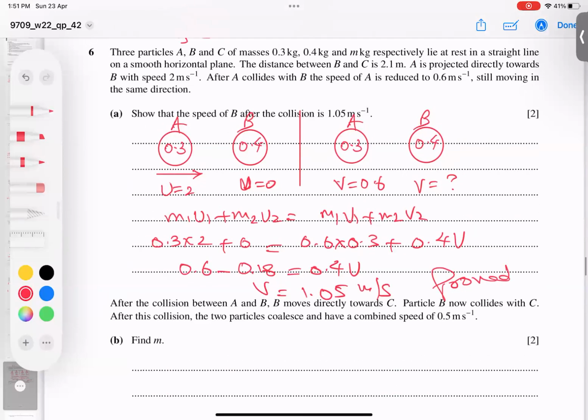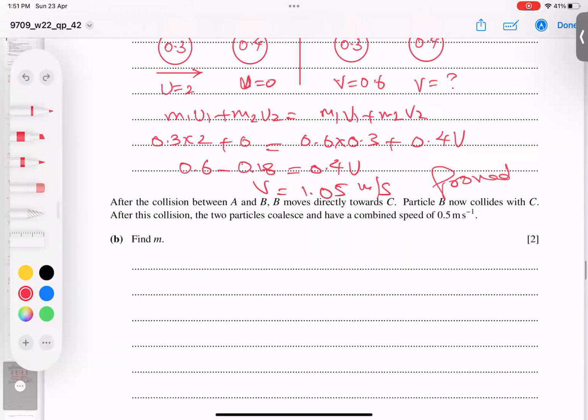Next part: after collision, A and B move directly towards C. Particle B now collides with C. And after collision, the two particles coalesce and have a combined velocity of 0.05. So have a look, before collision and after collision.